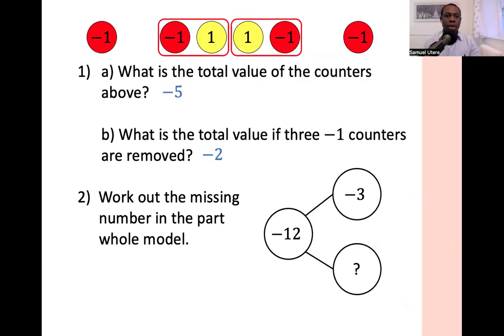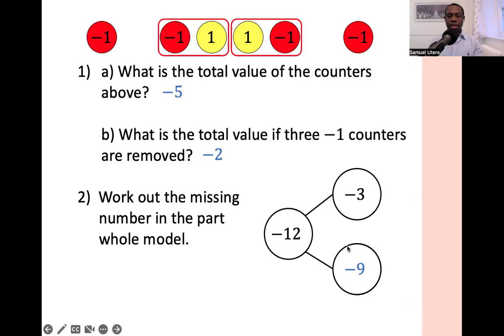Next, we're asked to work out the missing number in the part whole model. Now, why is it -9? If you think about it using your number line, the part whole model, even though it's turned on its side, remember, these two circles will add up to give you what is on the top of the part whole model.